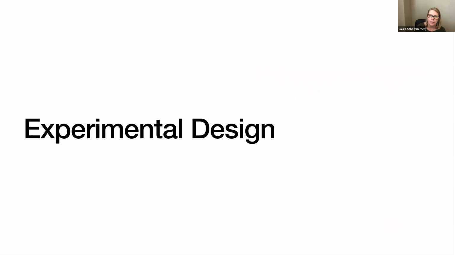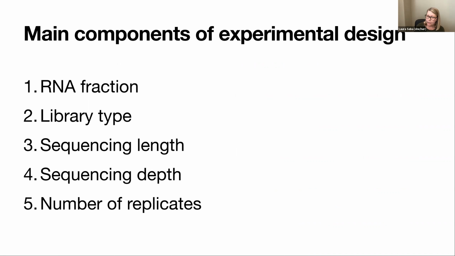So one of the common things when people are first starting off thinking about an RNA-seq project is the study design. And there are a lot more options than I think people first realize when thinking about setting up an RNA-seq experiment.